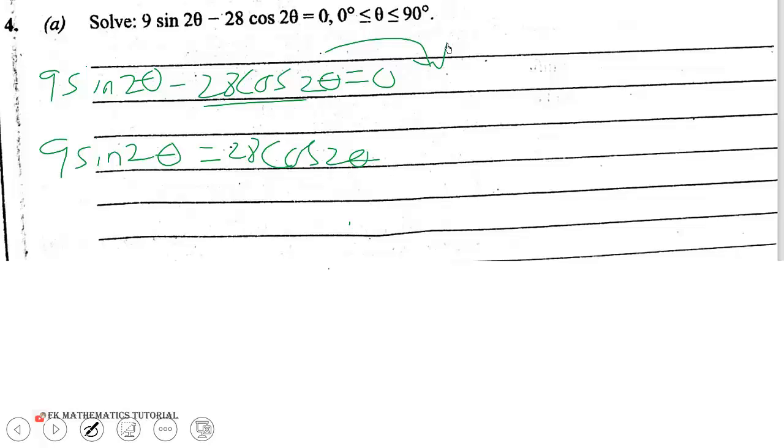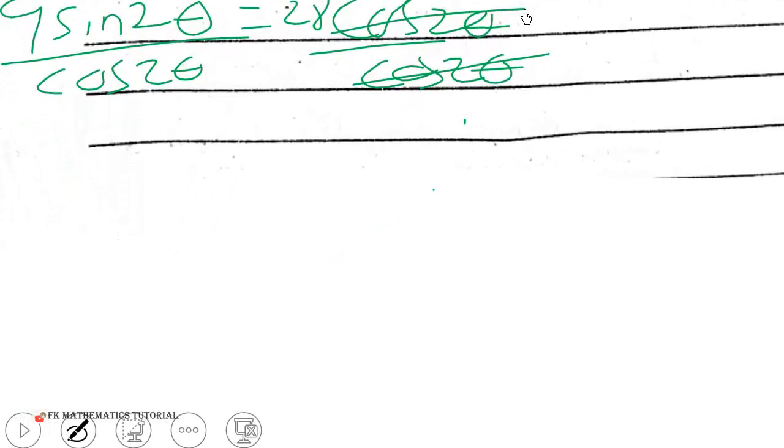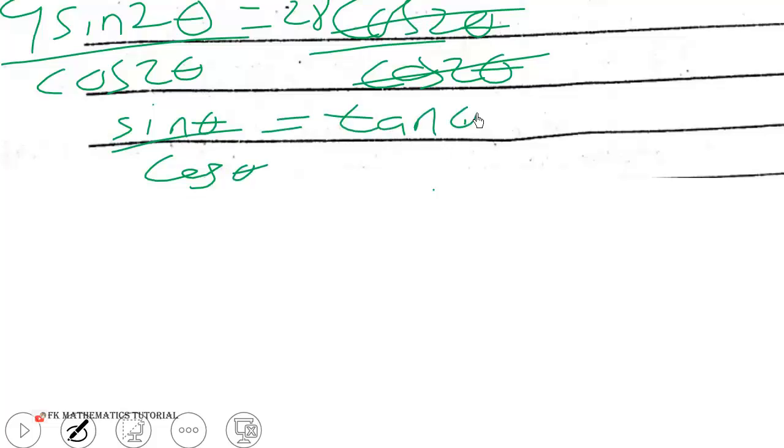I'm going to divide through by cos 2 theta so that this gets rid of this. Now recall that sine theta over cos theta is equal to tan theta. So sine 2 theta over cos 2 theta is tan 2 theta. So 9 tan 2 theta equals 28.